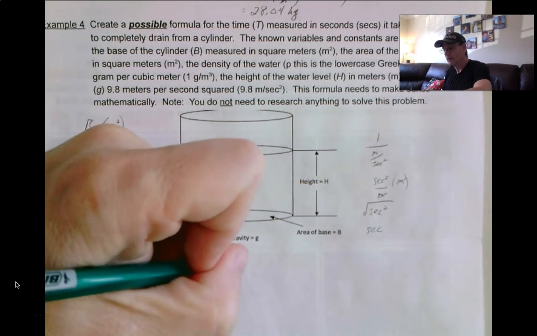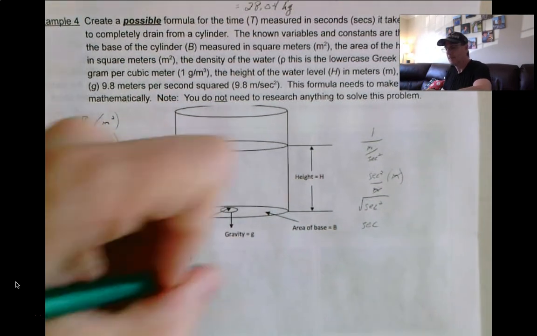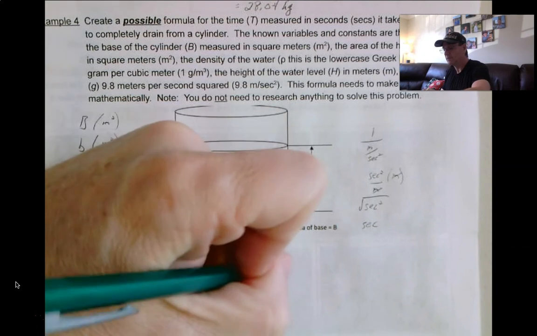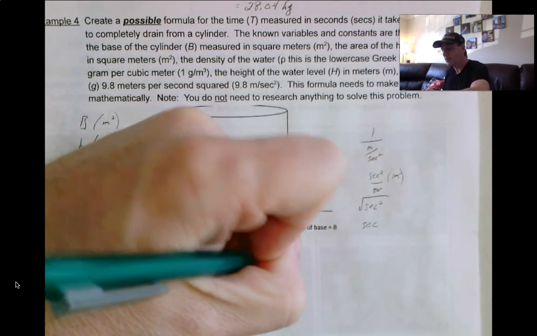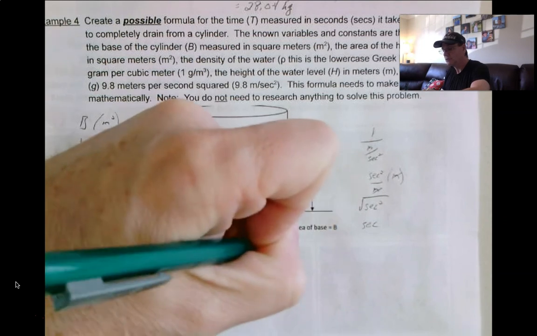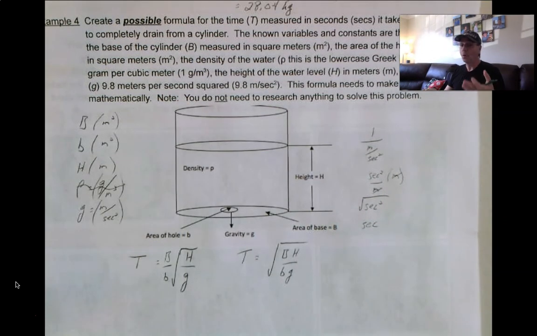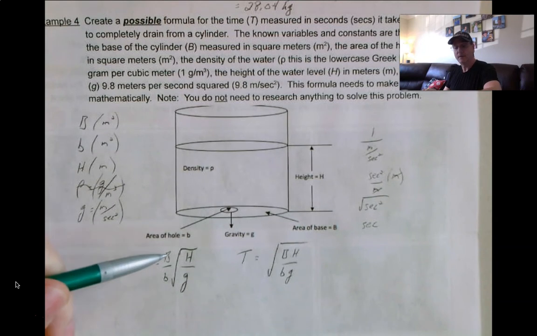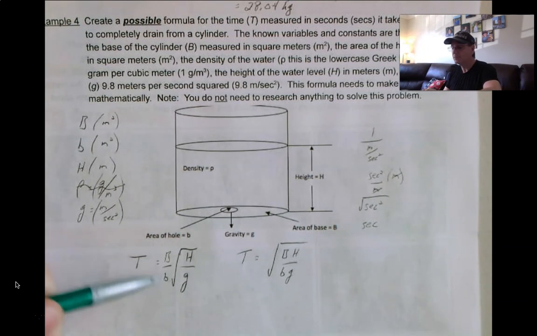Or I could put, inside, capital B H over little b G. Or I could put little b over big B. These could be reciprocated. Those don't matter.